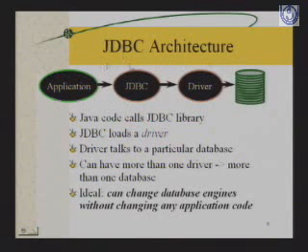So if we talk about JDBC architecture, our application is there, in that JDBC is there, and that JDBC is once again loading a driver, and that driver is interacting with the database. So Java code calls the JDBC library, java.sql, and then JDBC loads the driver. The driver talks to a particular database.